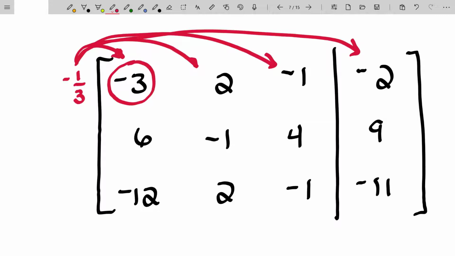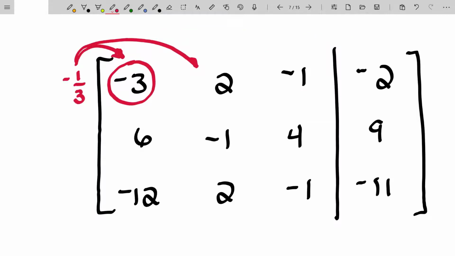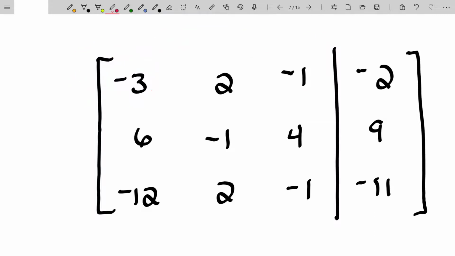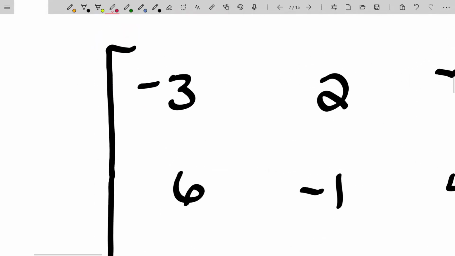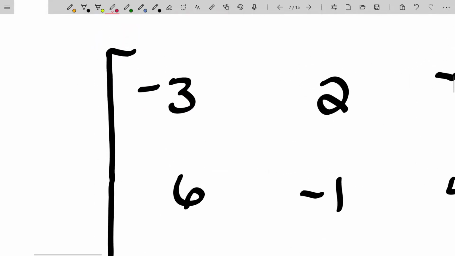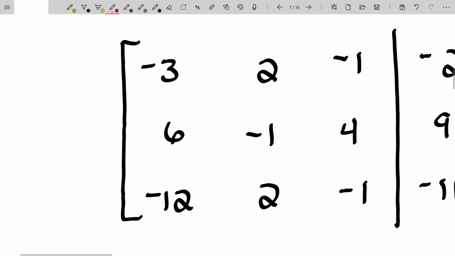The first element would become a number 1, but then the second element would become a negative 2/3, and the third element would become a positive 1/3, and the final element would become a positive 2/3. I don't like that idea. So in an effort to avoid fractions as long as possible, I will not bother making that a 1 yet. You can always hold off on that until the very end.